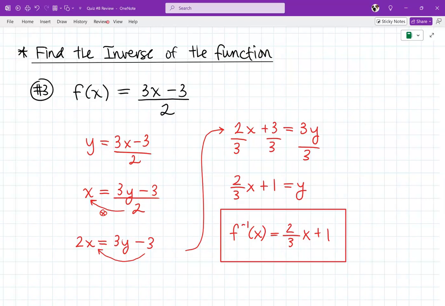Changing your function notation to y, changing x to y, y to x, solving for y, and then just rewriting your y value as an inverse notation. That's all very basic stuff, but it's 4 different steps. So if you don't know the 4 steps, you might wonder where do I start, right? So make sure that you guys practice this.